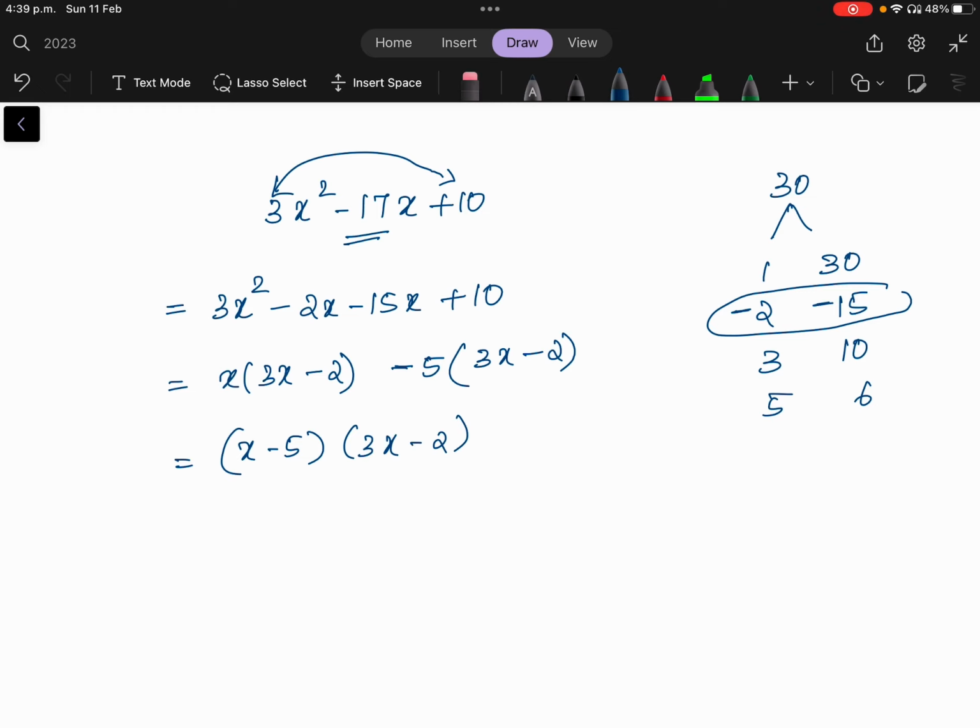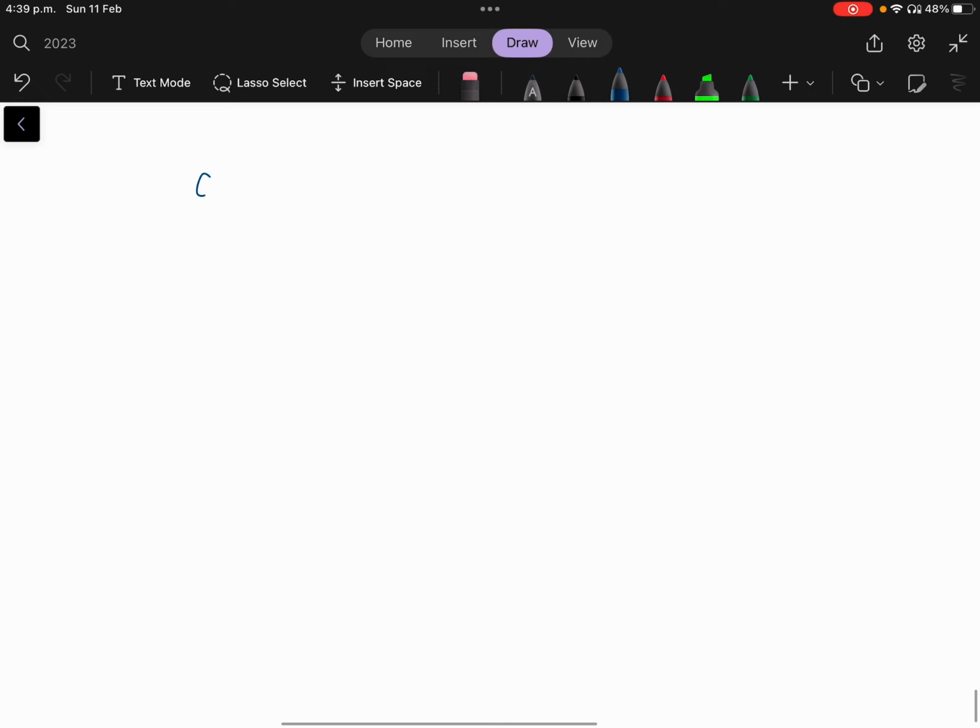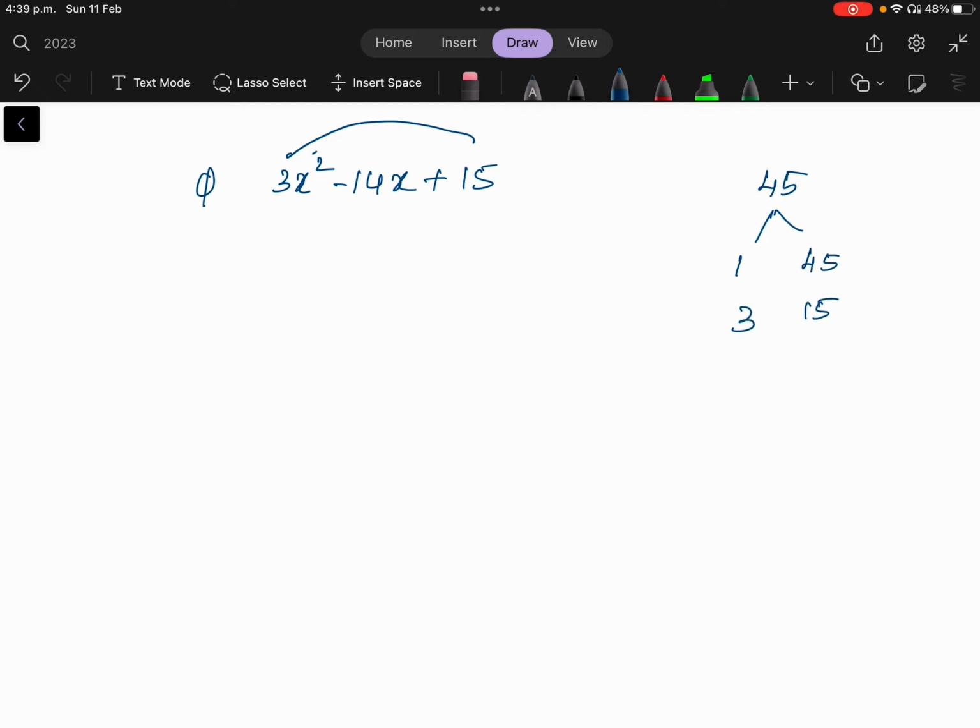I'll do one more question on this. 3x square minus 14x plus 15. Multiply these two, which will get you 45. Factorize it: 1 and 45, 3 and 15, 5 and 9. What will get you minus 14 is 5 and 9.